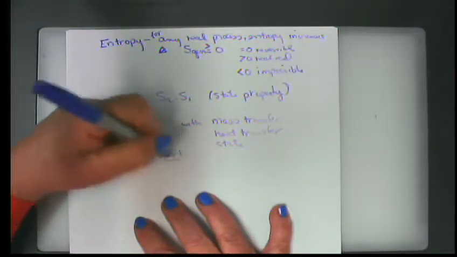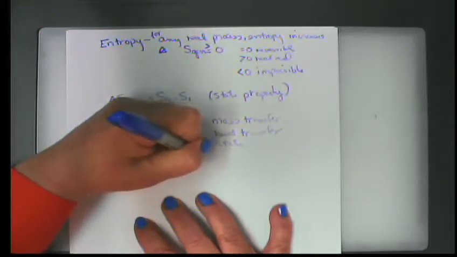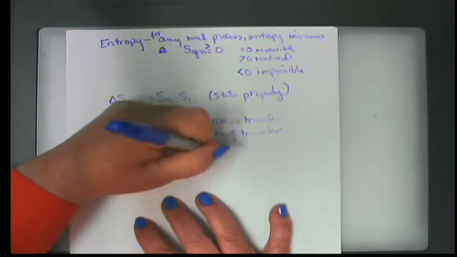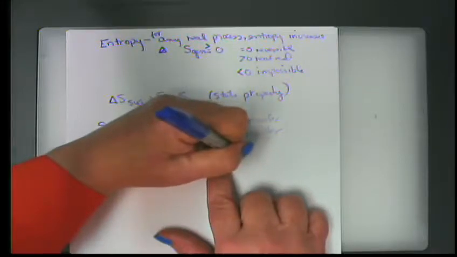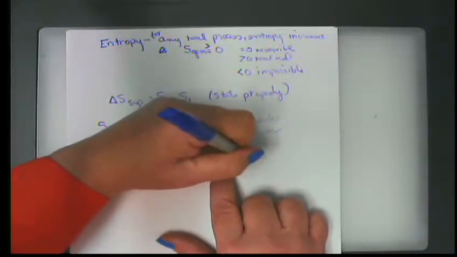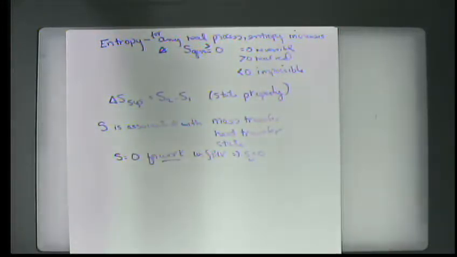So in other words, if you have work, the entropy associated with that is equal to 0. So when we talk about entropy, we only really are looking at it in terms of the state of the system and also the heat that goes in and out of the system.